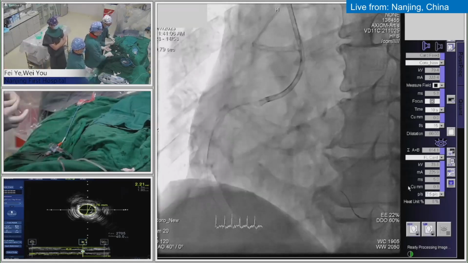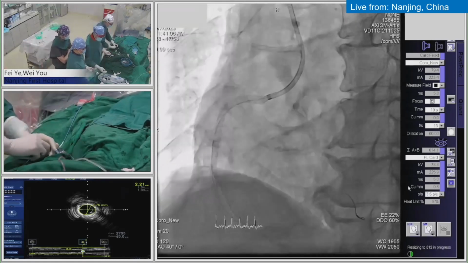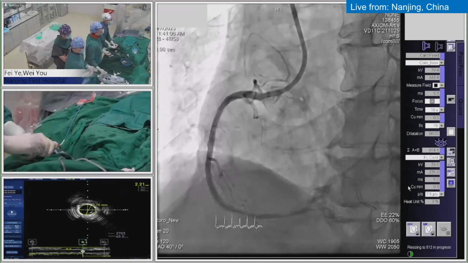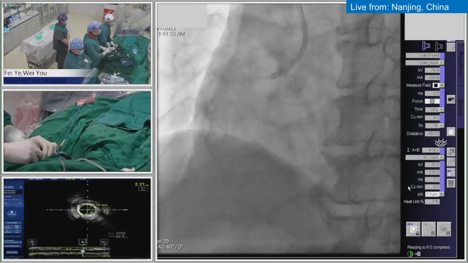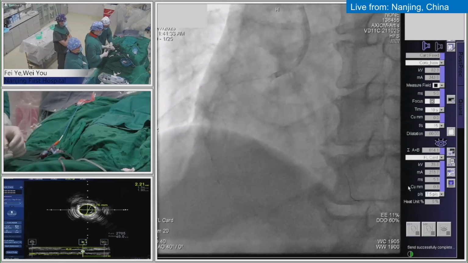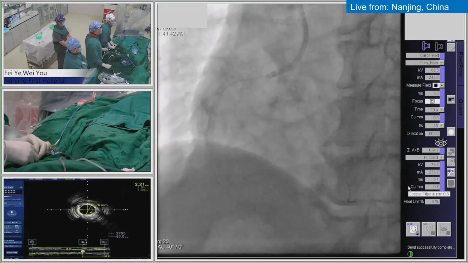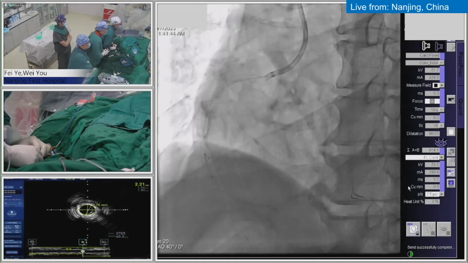Yeah, 3.5. So until now, we have only used less than 50 milliliters of contrast, right? How much did we use in the last session?